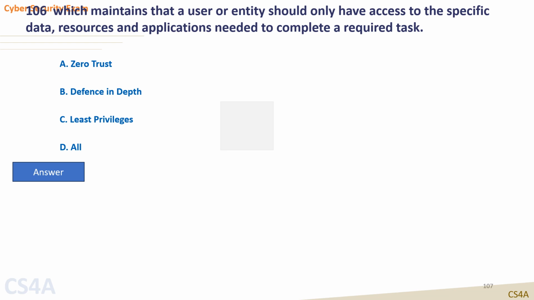And least privilege, that is the correct answer. Least privilege means we set up the minimum permission for the entity so that they can perform the operation, so that permission elevation attacks or misuse of privileges won't happen. So the answer is C.